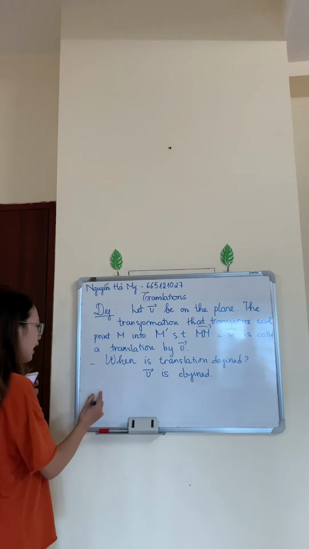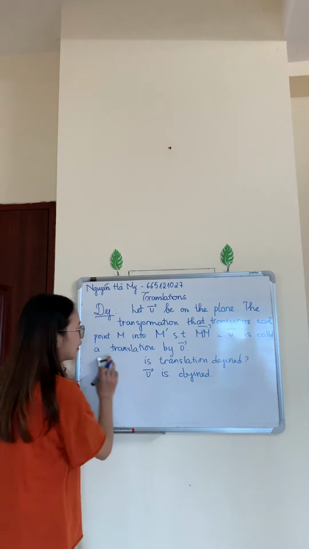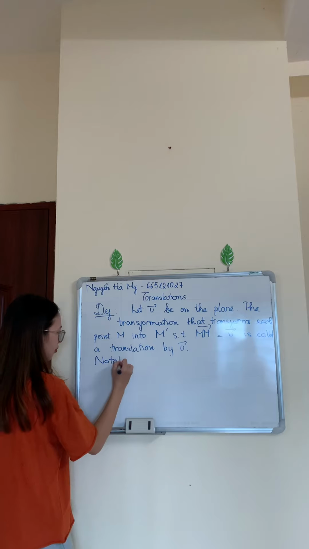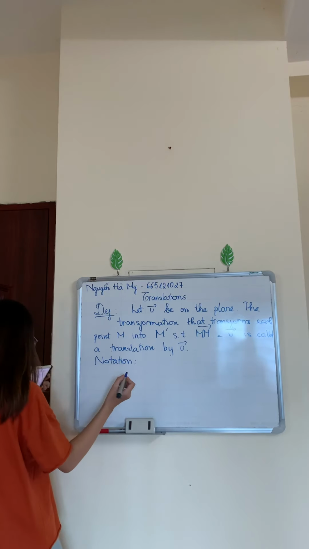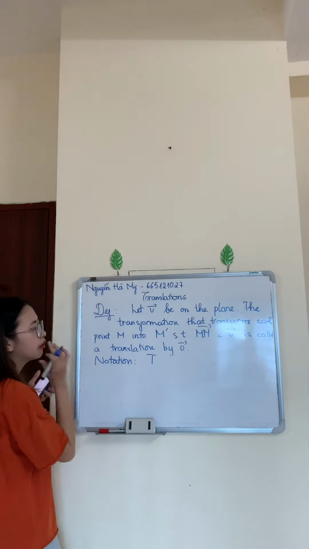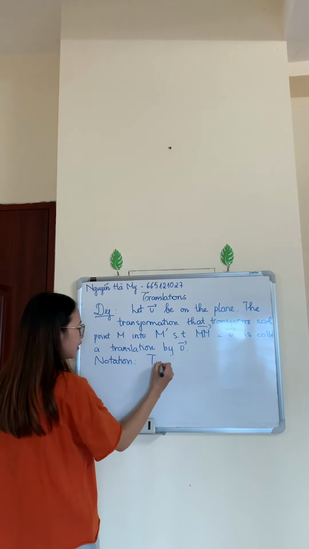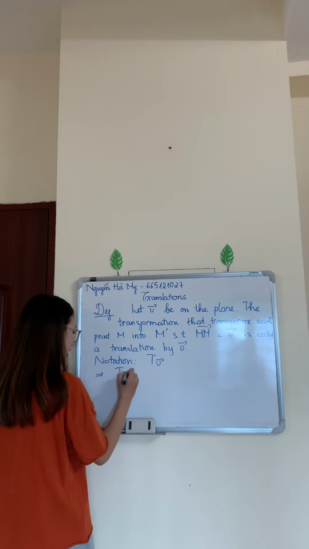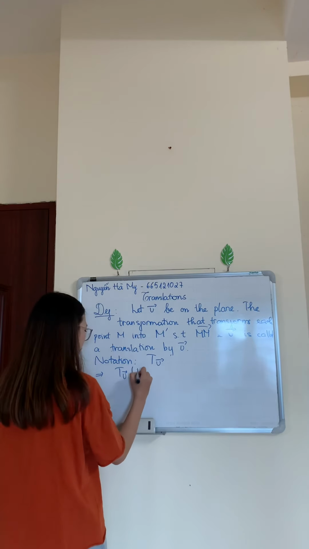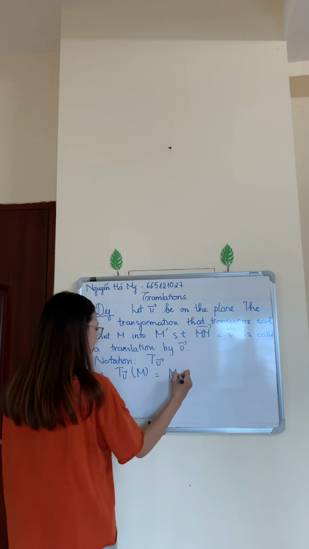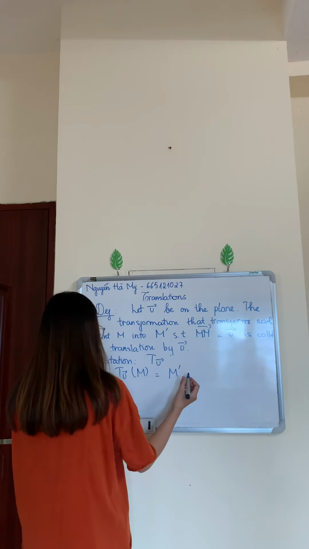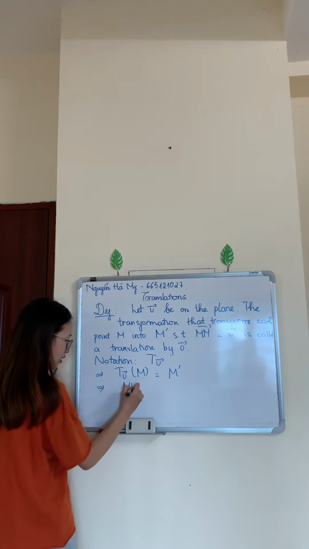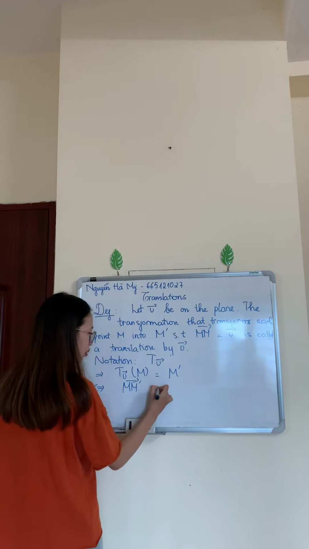And we can write the notation like this: the translation by vector v is T of v. So we have the translation that transforms point M into M prime, and this means vector MM prime equals vector v.